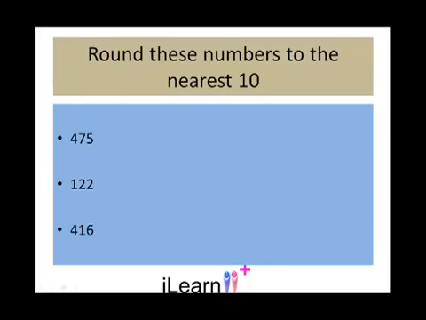Round these numbers to the nearest 10. 475: 480. 122: 120. 121: 120. 416: 420.